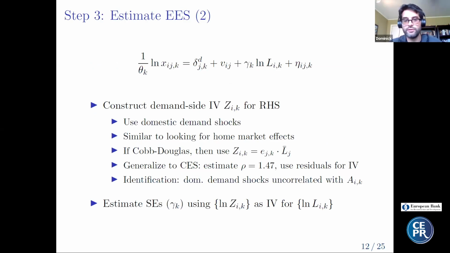Of course, we have an identification issue, which is the following. Over here in this error term, we have the A_ik, that is the exogenous piece of productivity in the sector. Of course, a sector that is just exogenously more productive will tend to both export more, that's in the formula, but it will also tend to be larger.